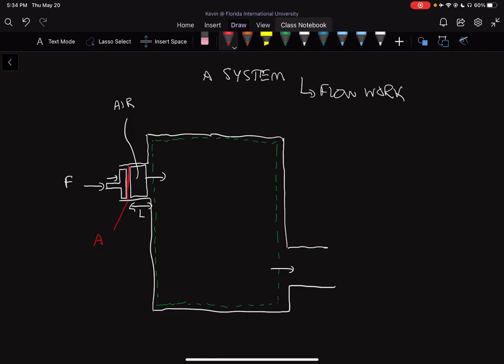Now, at the same time, on the other side of the system, we have another block of air that is here and that is ready to be pushed out.